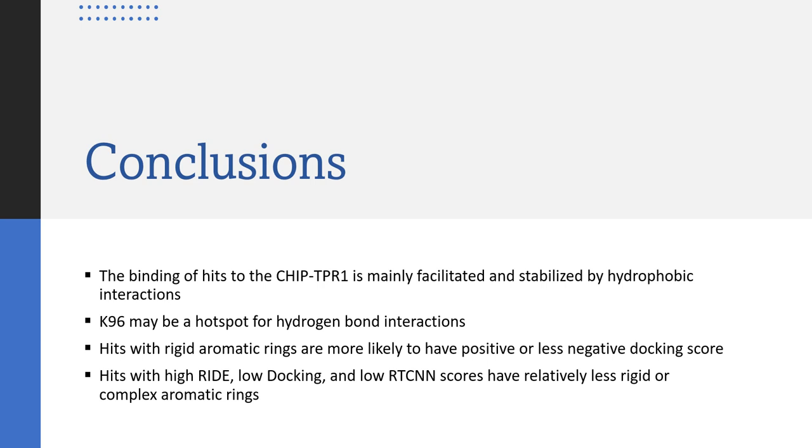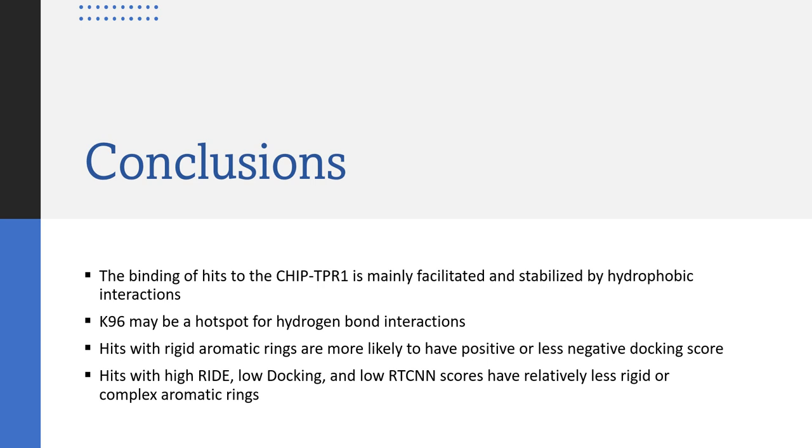This frequently observed hydrogen bond interaction with lysine is consistent with the fragment docking result, which indicated that over 60% of a total of 1,600 fragment molecules were observed to interact with lysine 96. This suggests that lysine 96 might be a hotspot residue that facilitates the binding of the hit to the receptor CHIP.